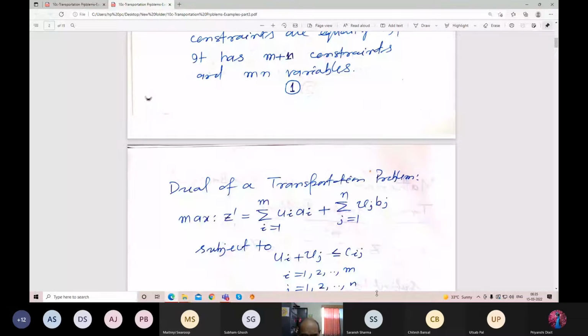It has m plus n number of dual variables. So we like to maximize z dash, summation over i varies from 1 to m, ui into ai with respect to the source constraints, and summation over j varies from 1 to n, vj into bj with respect to the destination constraints.